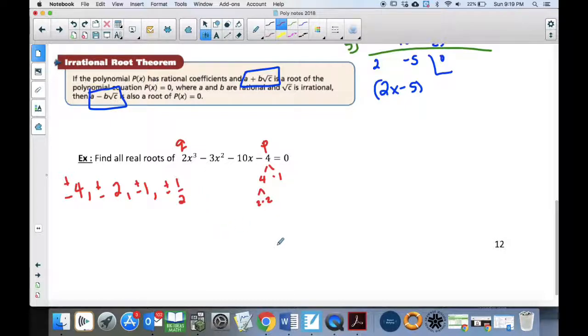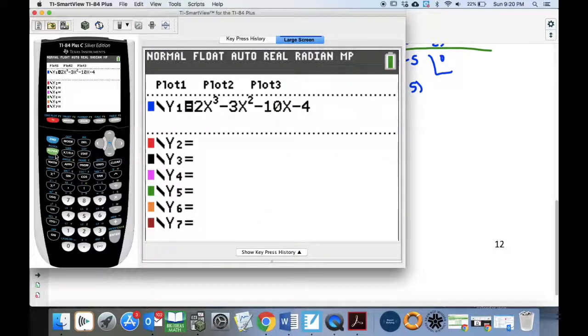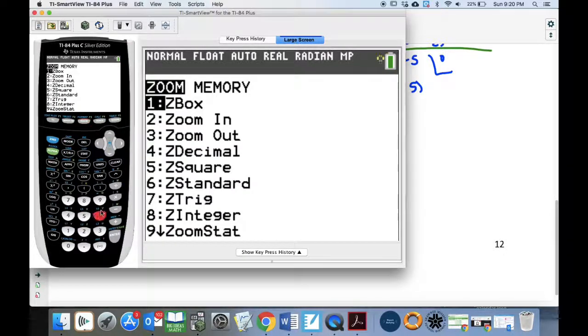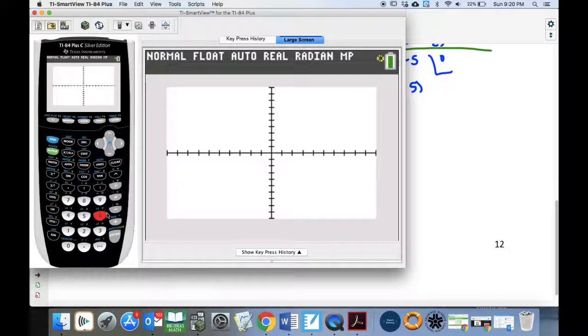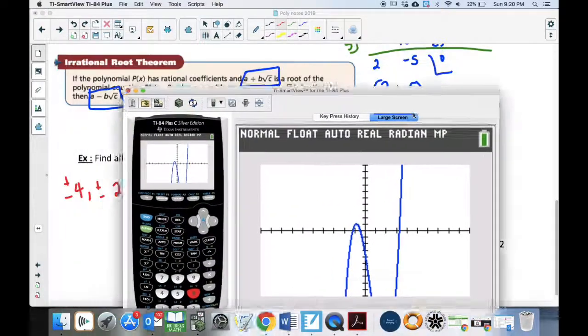If I go to my calculator and I graph this, take a second to do that. Put this new equation into your calculator. Okay, if you put this function into your calculator, go to Zoom Standard, and you should get this graph. What we're trying to do is see if any of these intercepts fall in our list.